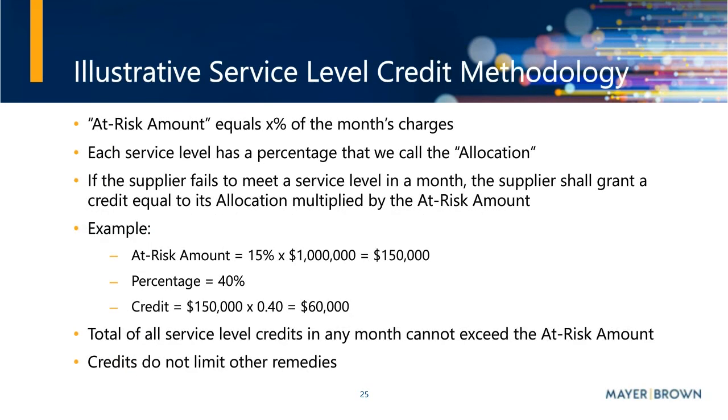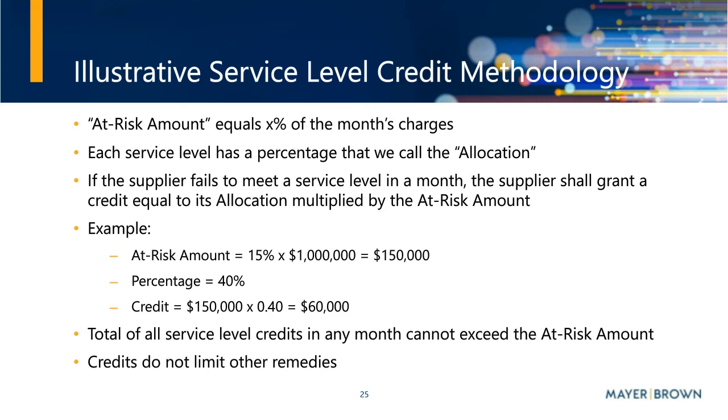Thanks, Chi. The third incentive, service level credits, is where most of the negotiation occurs. Here we have an example. So first we have an at-risk amount, which equals a certain percentage of the month's charges, and each service level has a percentage that we call the allocation. If the supplier fails to meet a service level in a month, then the supplier shall grant a credit equal to its allocation multiplied by the at-risk amount.